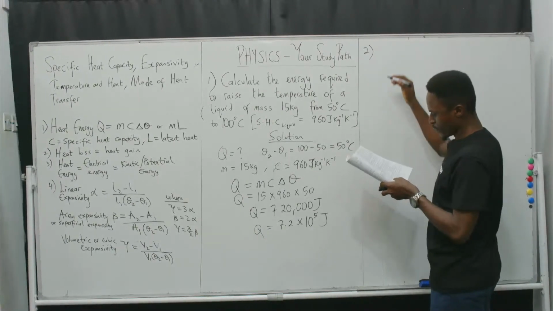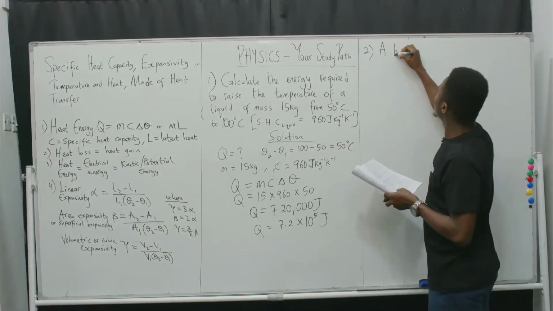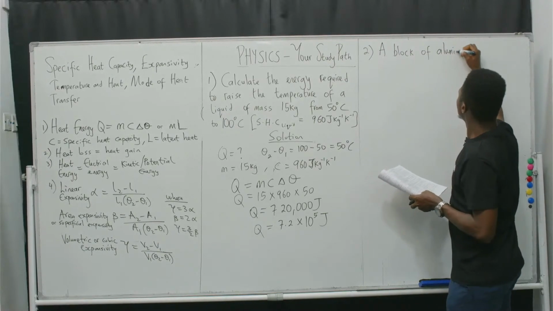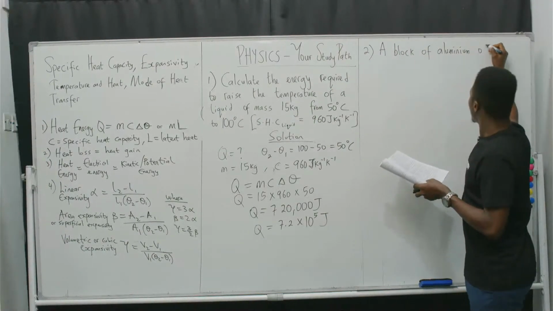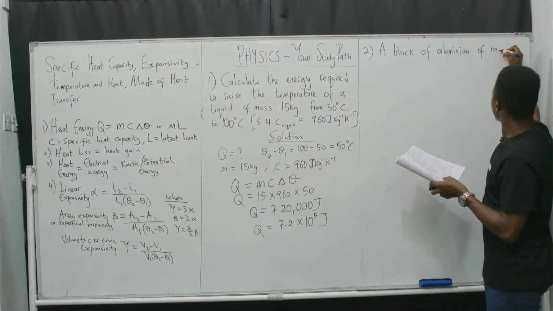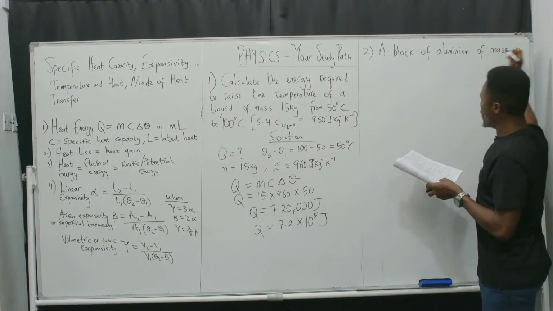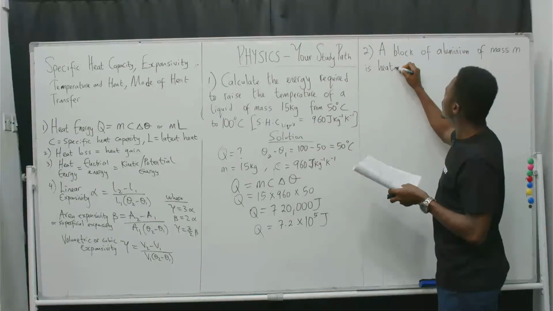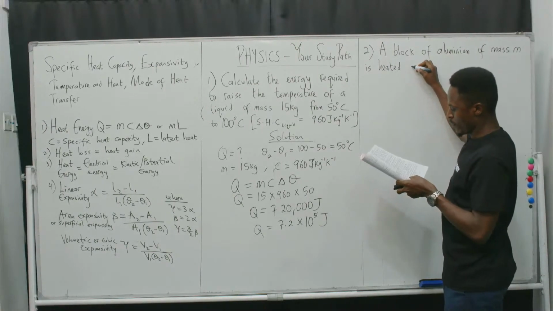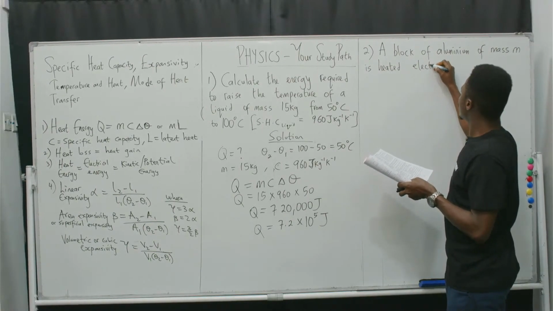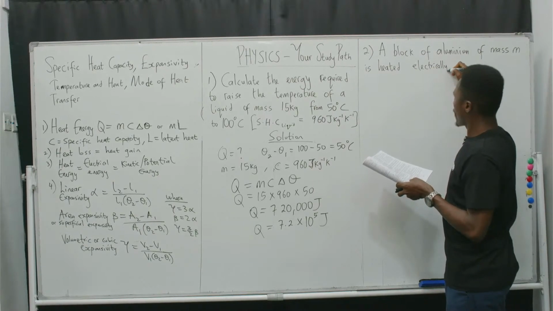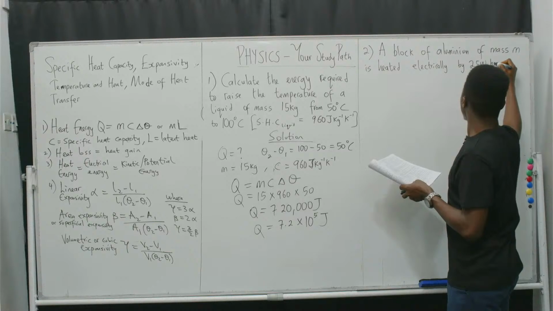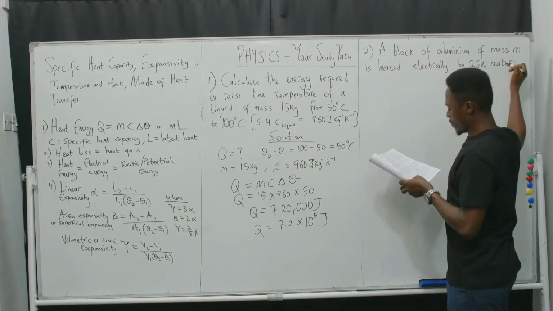A block of aluminium of mass M is heated electrically by 25 watt heater.